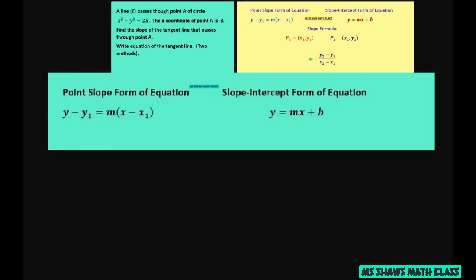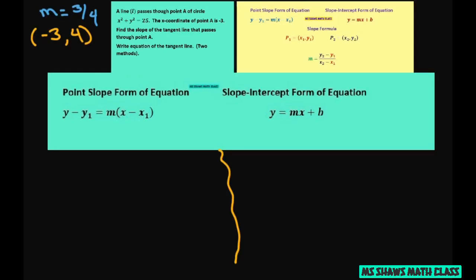So our slope is 3/4, and our point is -3, 4. I'm using both methods, and again, if you already know how to do this, you're pretty much done, but you just need to practice this for your SATs.